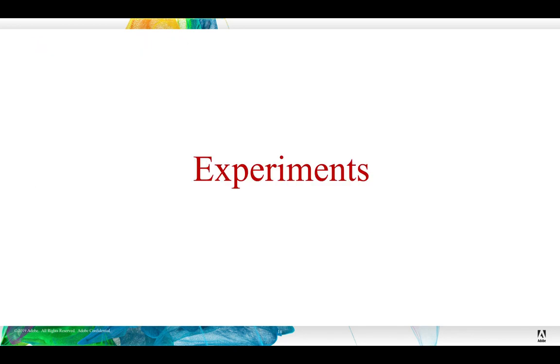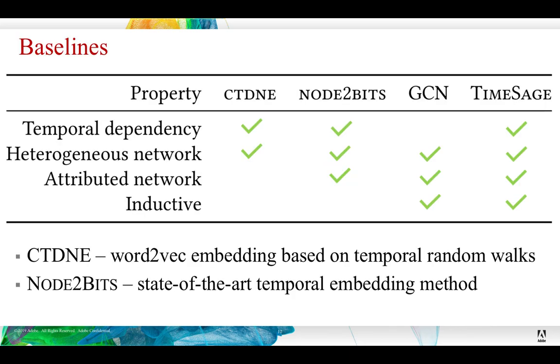We carry out experiments and compare our proposed method with the following baselines. If you look at our method, TimeSage has all the desired properties in an embedding framework. CTDNE is an embedding technique which captures temporal dependency by using a word2vec kind of embedding mechanism, again on the temporal random walks.